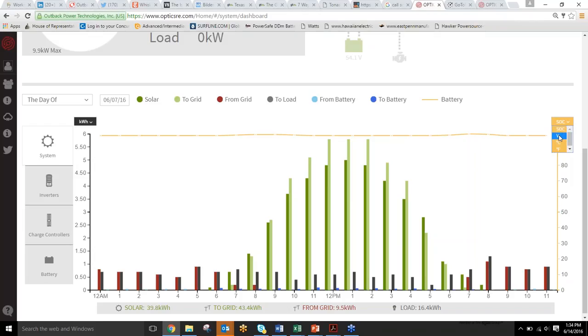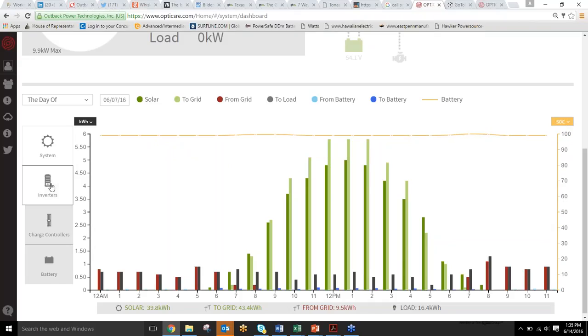If you want to look at it by voltage, that's an option as well. So you can see this is just a backup system. He's not cycling these batteries much. He is a tinkerer, so I know that every once in a while he does run it off of the batteries. You can also do temperature compensated and see what the temperature is doing and what the battery is doing based on that temperature.